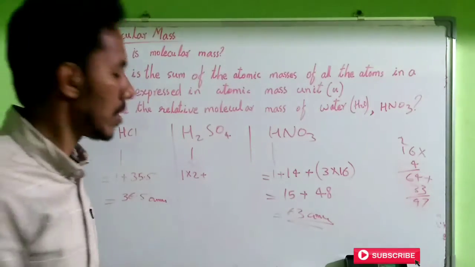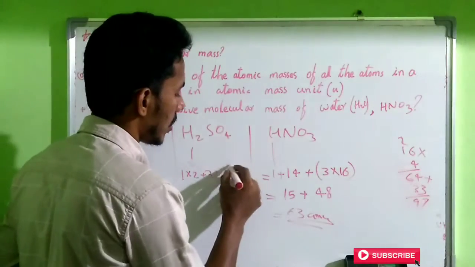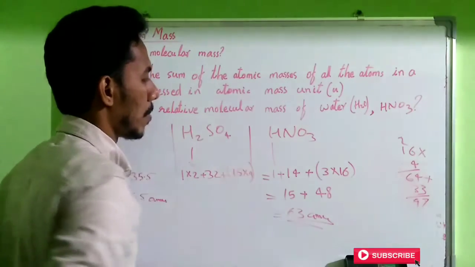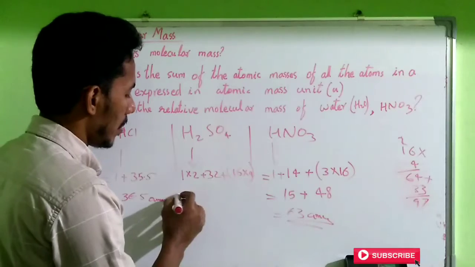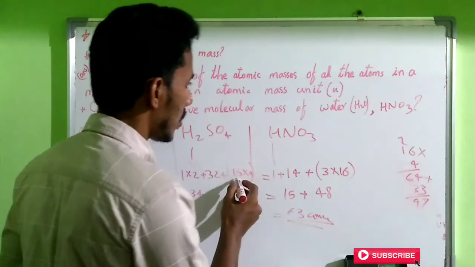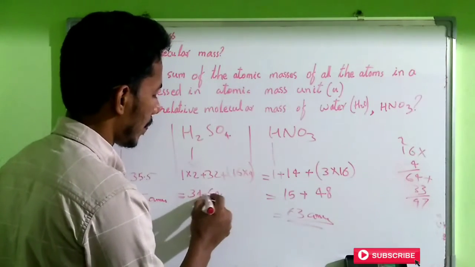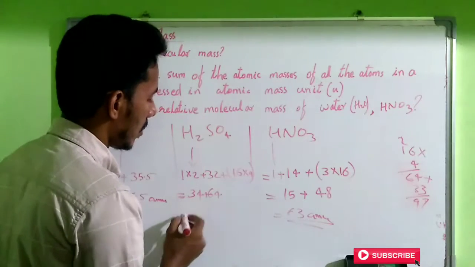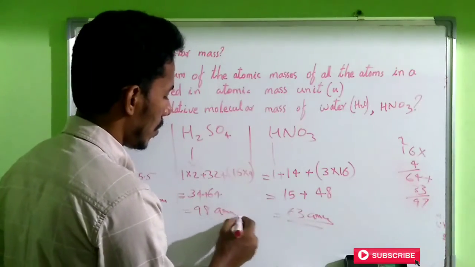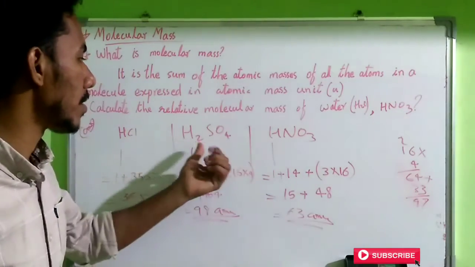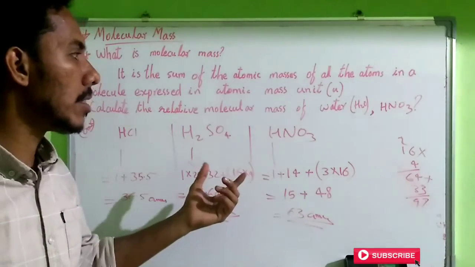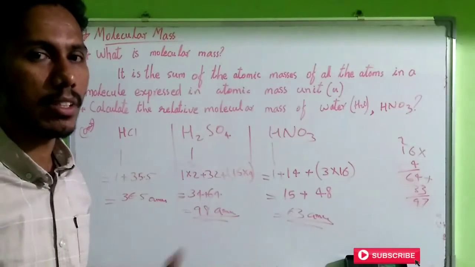What is the atomic mass of sulfur? 32, plus 16 into 4. 16 into 4 is 64. So the sum is 2 plus 32, which is 34. 34 plus 64 is 98 AMU. 98 AMU is the molecular mass of sulfuric acid, H2SO4. So you can find the molecular mass of any compound in this way.